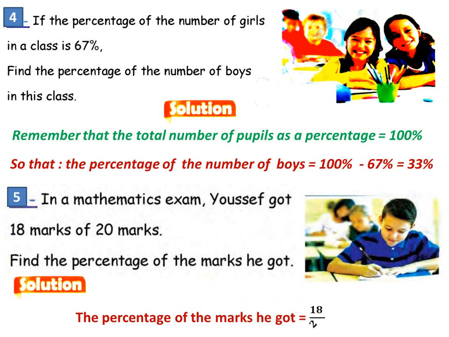We can make a reduction of 20 with 100, which will give me 5, times 18 will give me 90%. Again, by dividing 18 over 20 and multiplying by 100%, we get the percentage of marks he got. Okay, by using your calculator, it will give me 90%.